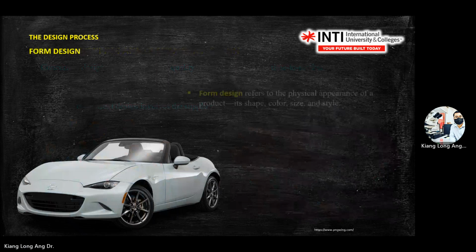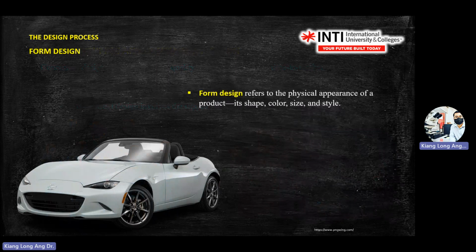Okay. Another definition is called form design. What do I mean by form design? Form means things you can touch, the physical appearance, color, size, and styles, right? Like the car that you see on the screen here, right? It's a Mazda sport car.